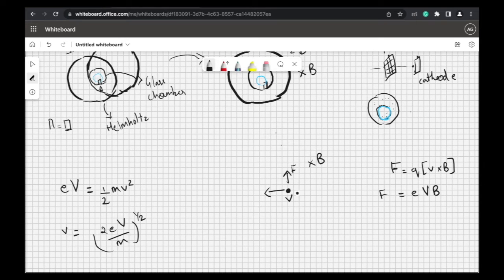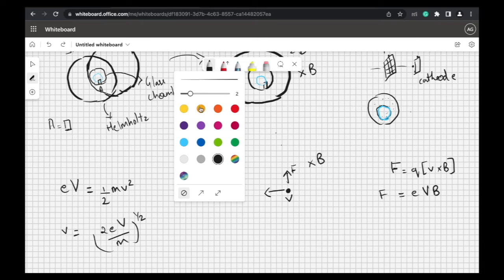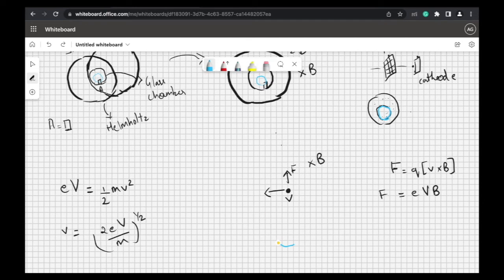Since the velocity and magnetic field are perpendicular, the cross product is given by vB sin 90, and sin 90 is 1. So this is the total force being applied. Since there's a force perpendicular to the velocity, this electron will start moving in a circle.